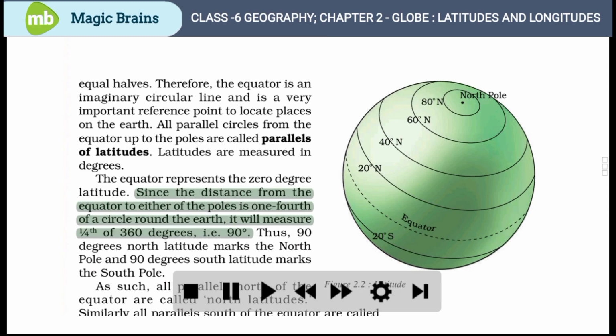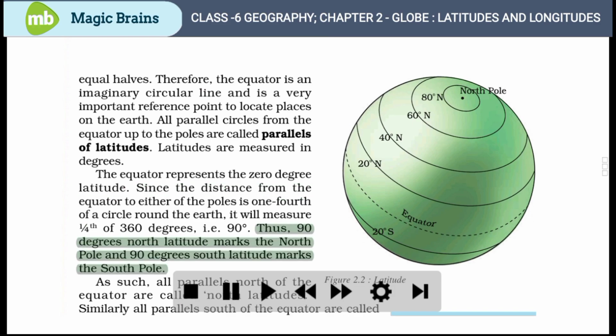Since the distance from the equator to either of the poles is 1/4 of a circle round the Earth, it will measure 1/4 of 360 degrees, that is 90 degrees. Thus, 90 degrees north latitude marks the North Pole and 90 degrees south latitude marks the South Pole.